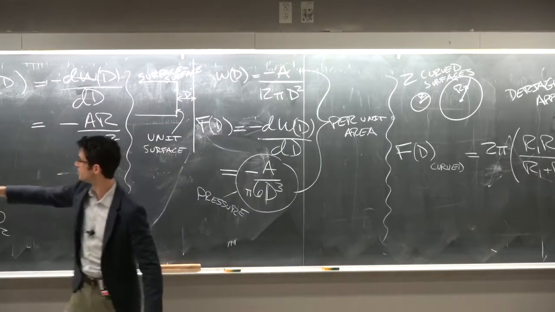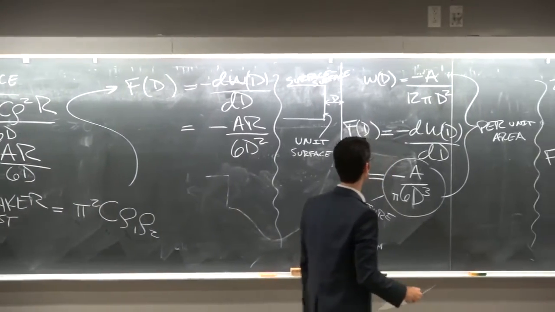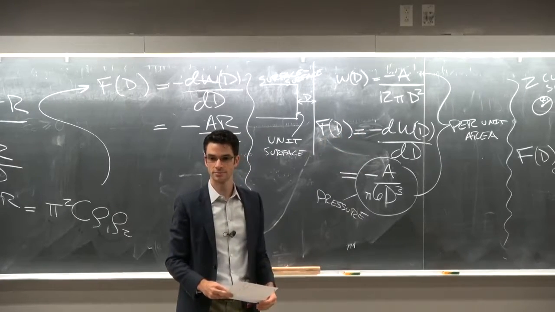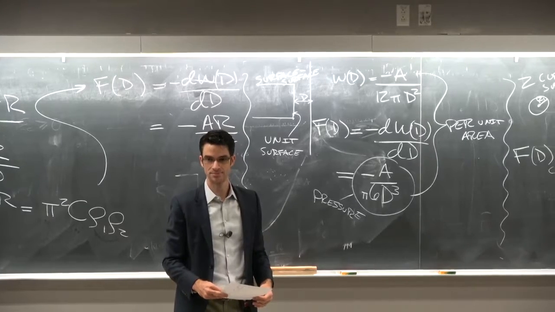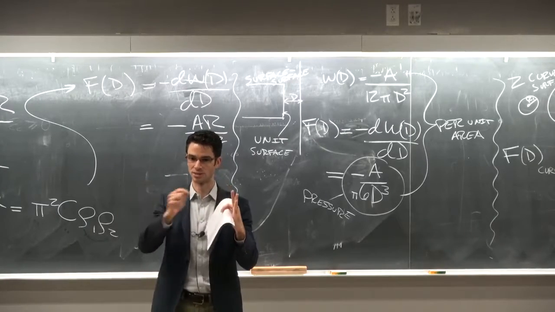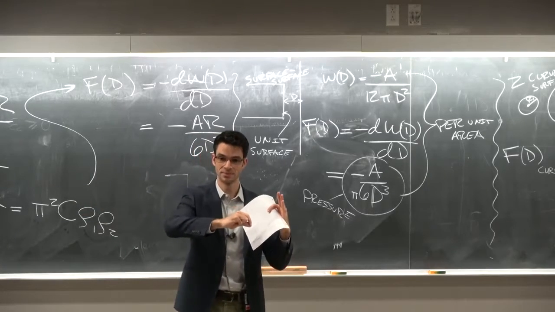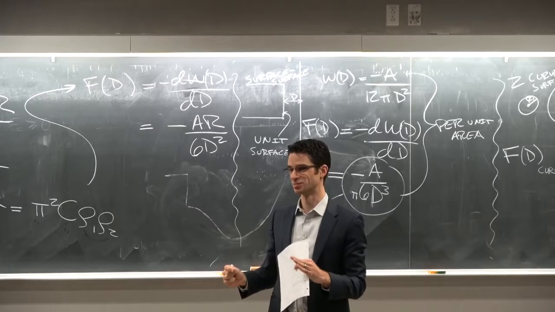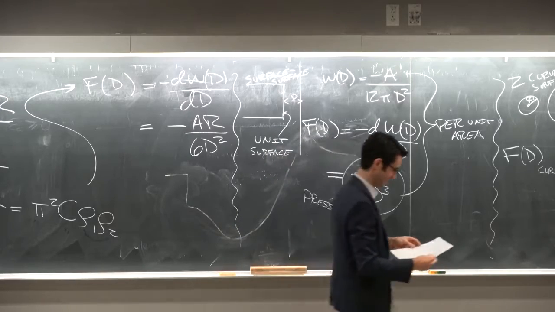For energy we have D to the minus 1 here, and we have D to the minus 2 here. So we end up integrating one function, you get the results. Yes. You would integrate the intermolecular interactions from one to the other, from a molecule on one surface to a molecule on the other surface. But I would call it the potential energy function as opposed to the work function, because that means something else in this class. Okay.